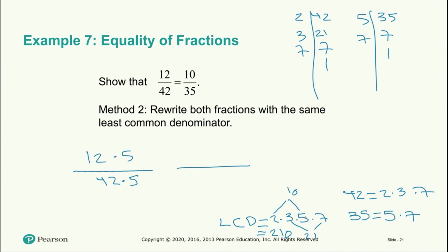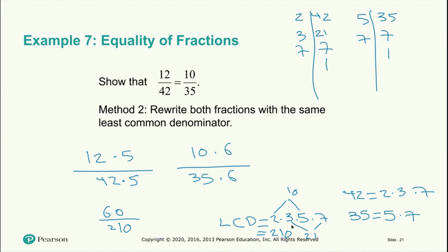Now for 35, look at this prime factorization for 210. What part of it is 35? This part right here. So that means I need a 6 to get me to 210. So times 6, and I would have to do the same on the top. So notice that I end up with 60 over 210 for this fraction, and I end up with 60 over, what's 35 times 6?